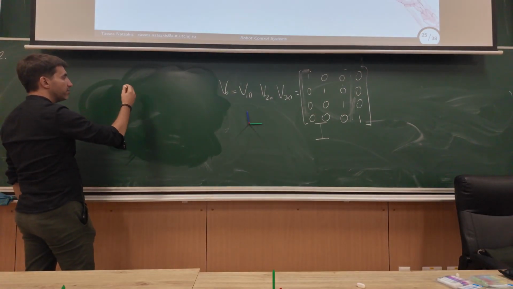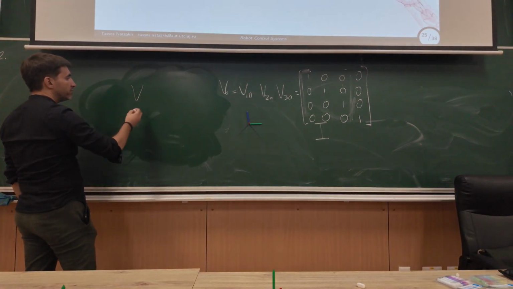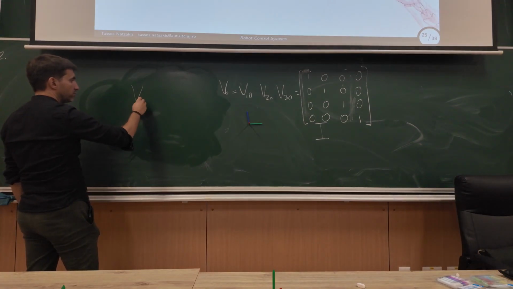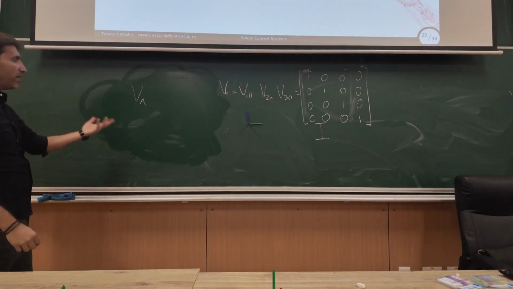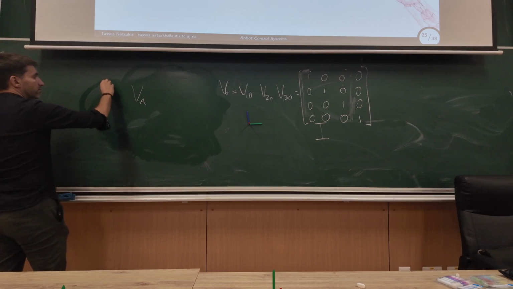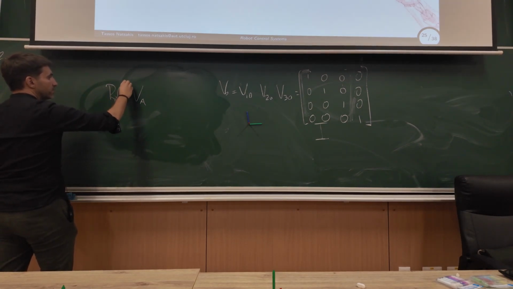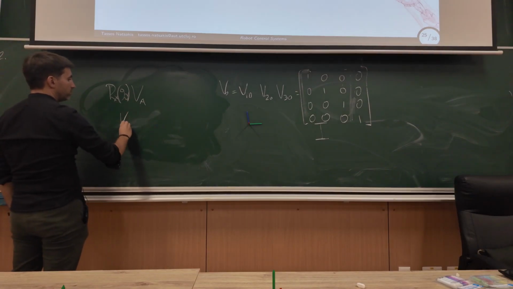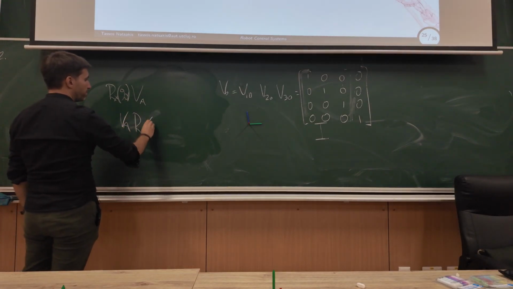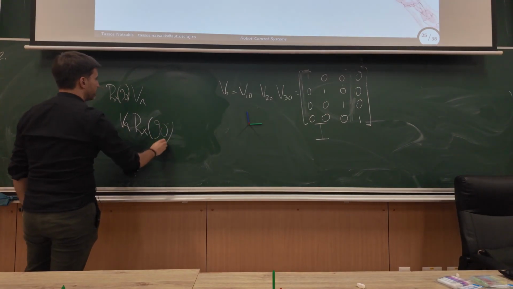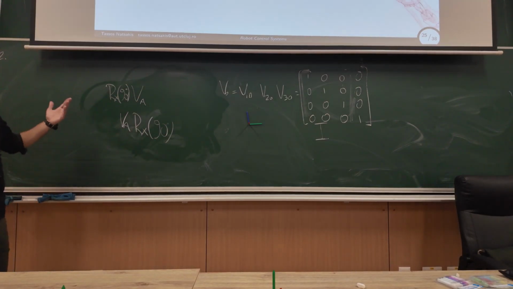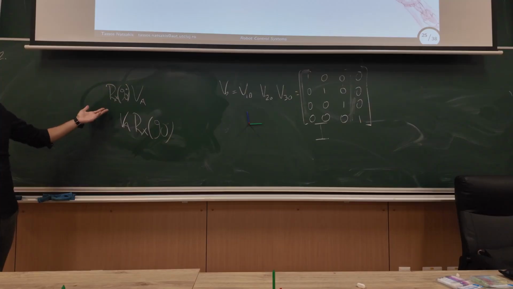I can have a coordinate frame A, and I can apply a transformation on it either like this, by 90 degrees, or I can do this other thing. Is this the same? Will it give us the same result?